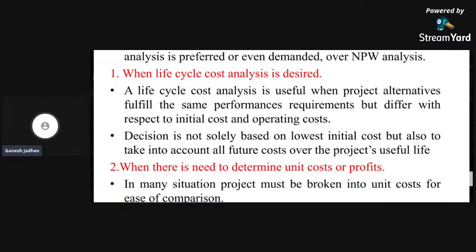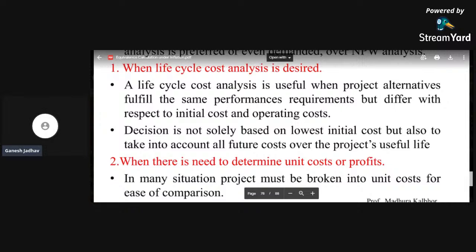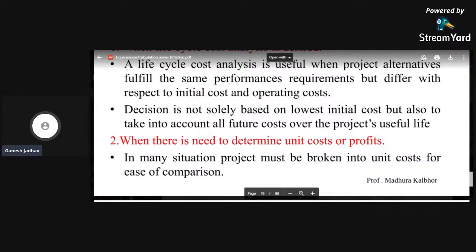Okay, another one is when there is the need to determine the unit cost or the profit also. Okay, so why it is useful, because whenever the management invests some money in your project, they have to simply analyze it.